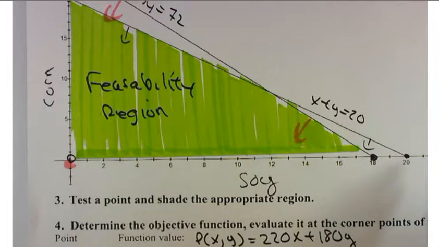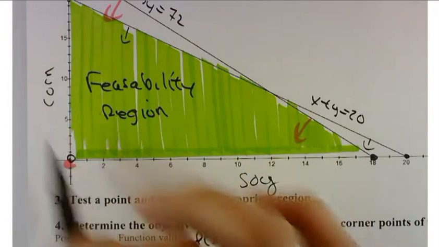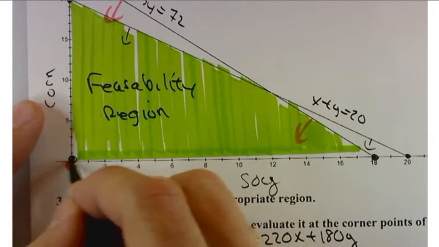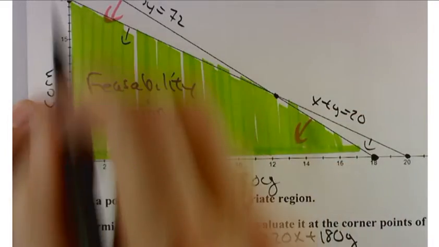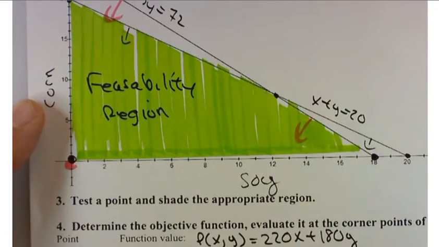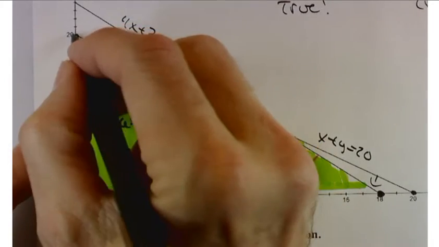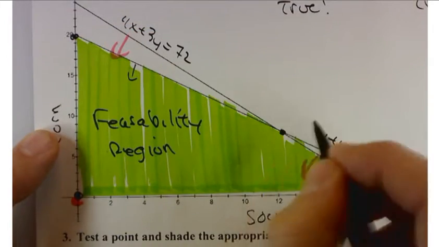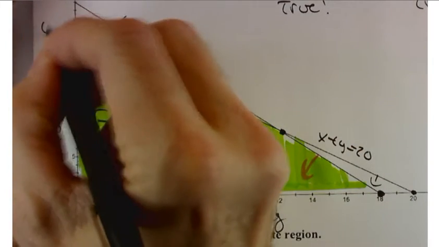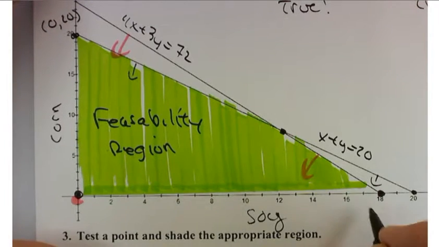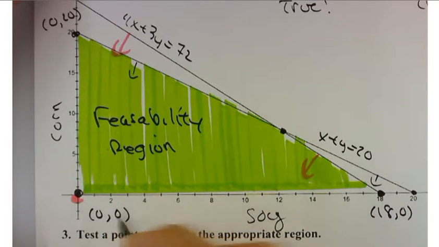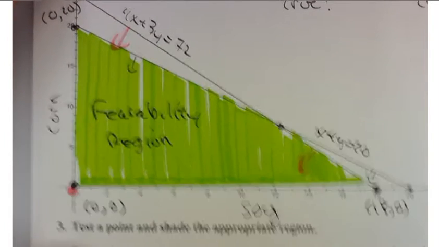We don't need to test all the points. We're just going to test the so-called corner points of our feasibility region. It's also called the solution polygon. So all we need to do is test these points in our profit function, in our objective function. So that's 0, 20. Here's 18, 0. This is 0, 0, and I'm missing 1.